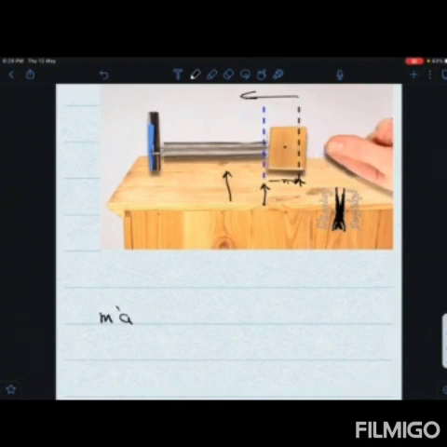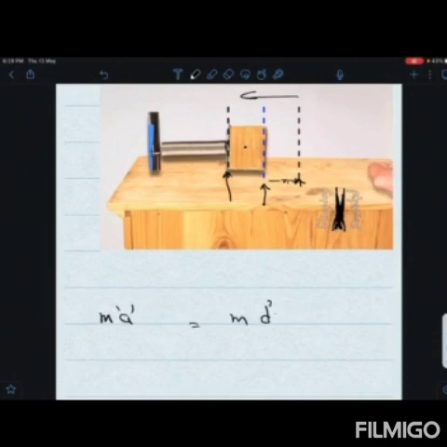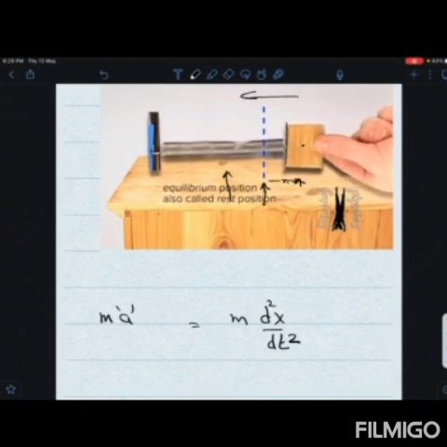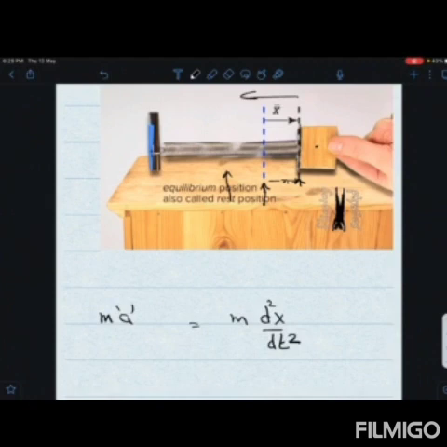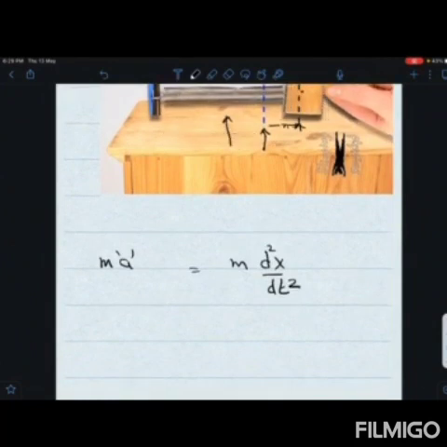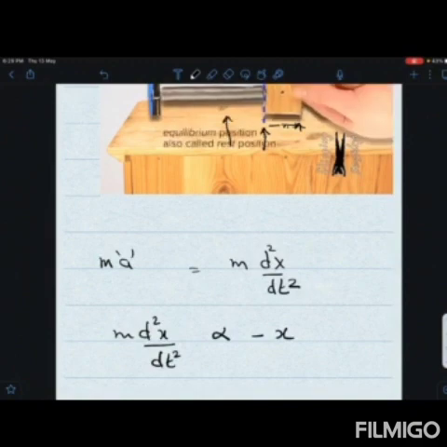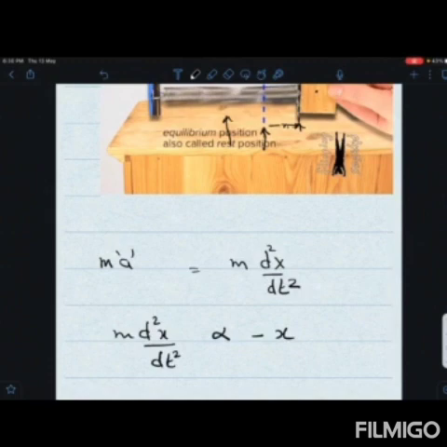So in terms of x, force is m into d square x by dt square. And this force is directly proportional to this x, but it is directed towards the equilibrium position. So we can write m into d square x by dt square is proportional to minus x. Why? Because it is directed towards the mean position.